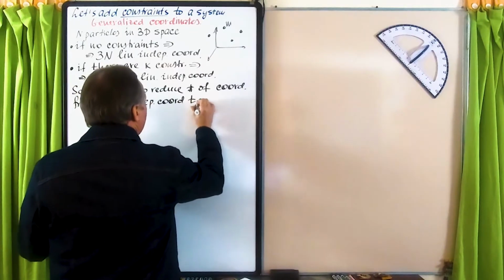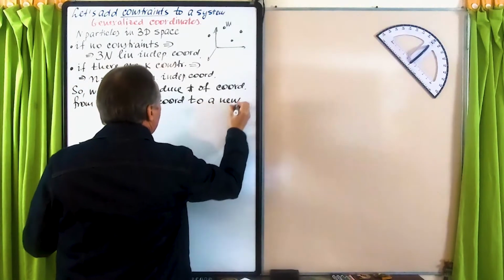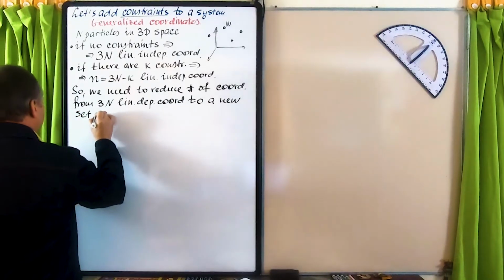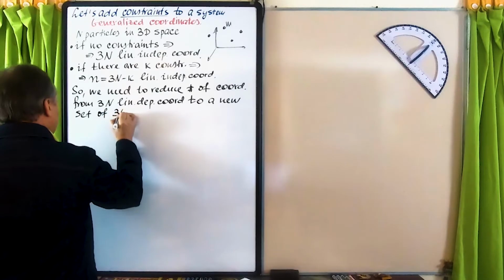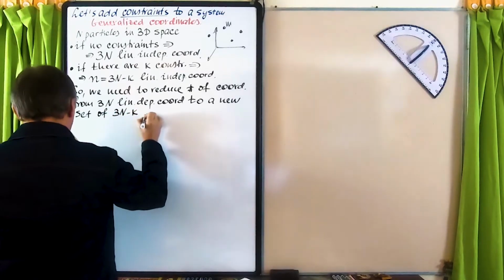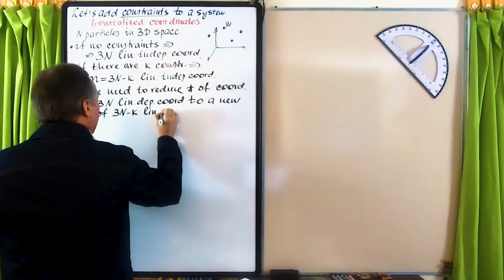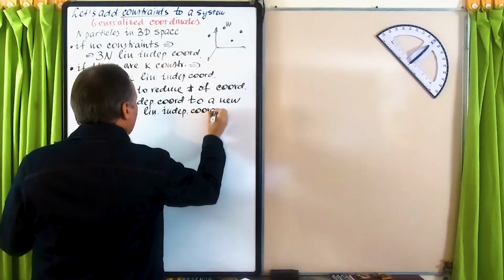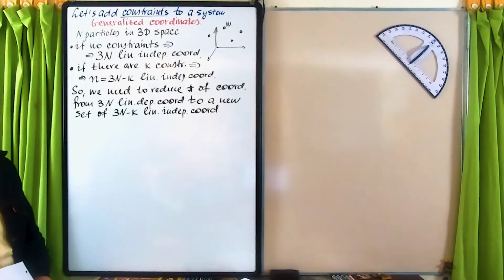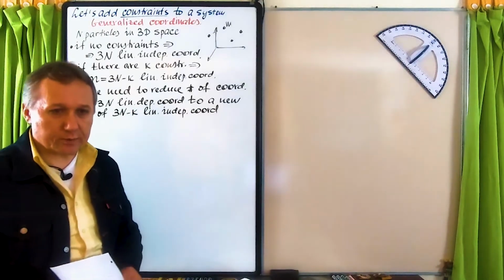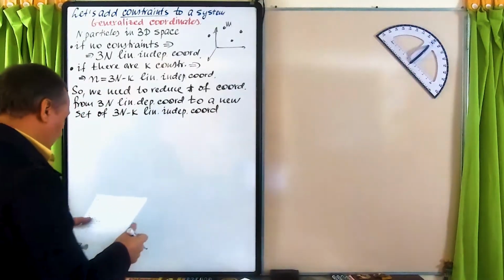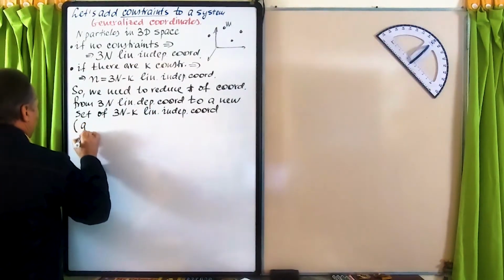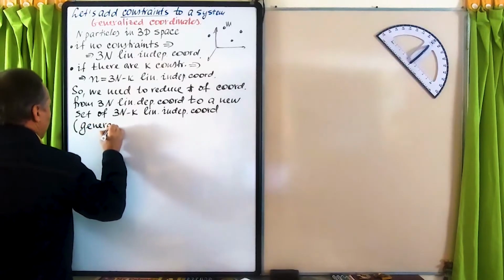to a new set of 3n minus k linearly independent coordinates, called generalized coordinates.